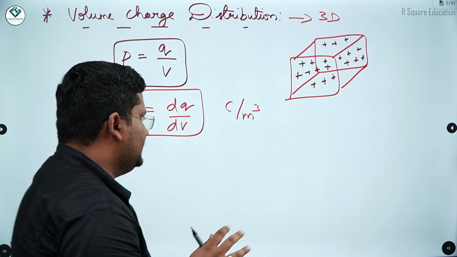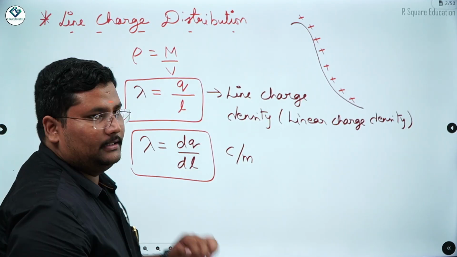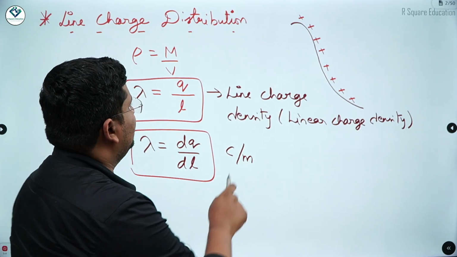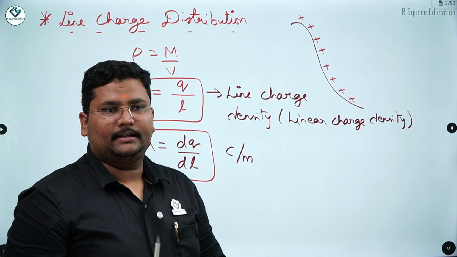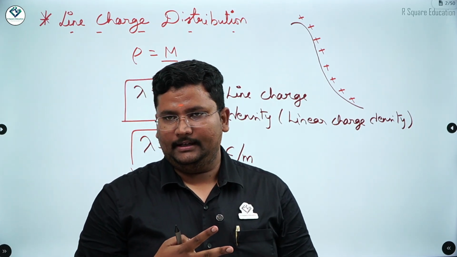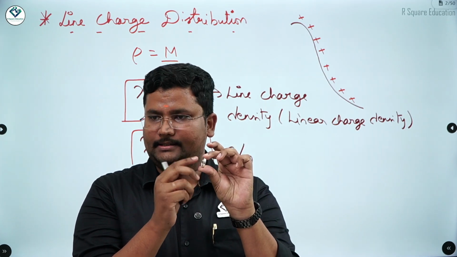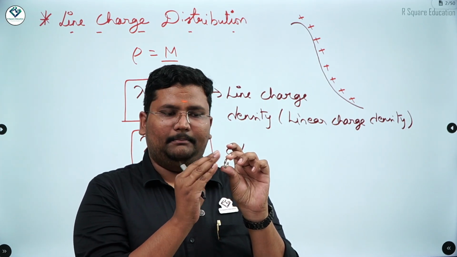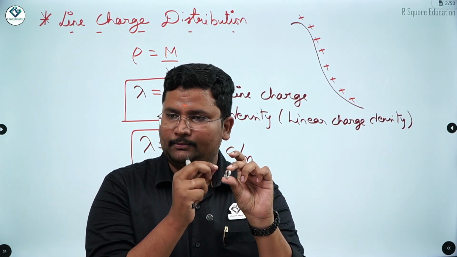Say for example, in this case I have taken a line charge. Suppose if I take a ring, say this is nothing but the ring. So a ring is going to be actually a circular one, but it is only going to have the length where I can distribute the charges.